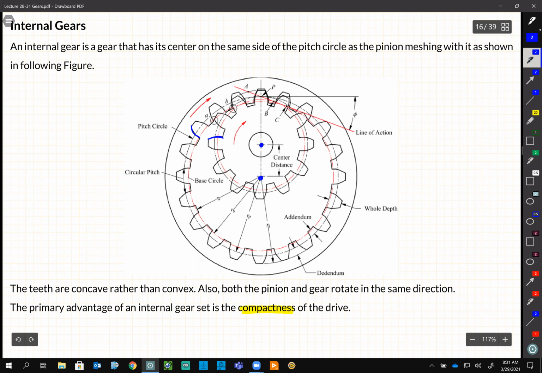But if I wanted to make the same gear set up with outer gears instead of internal gears, this inside gear has to go out. So I need a bigger distance between the center distance of these two, right? So I took a lot more space. So if we don't have enough space, maybe we need to rely on internal gears.